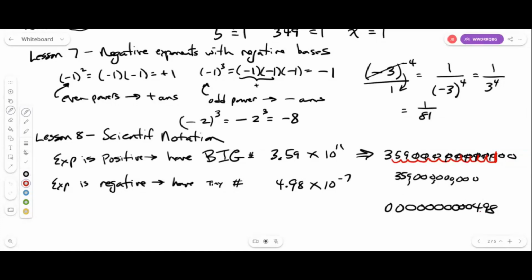And the decimal point would start here and move 1, 2, 3, 4, 5, 6, 7 places to the left, giving us 0 point, then 1, 2, 3, 4, 5, 6 zeros, then 4, 9, 8. And so we went from scientific notation to expanded form. We went from expanded form back to scientific notation.